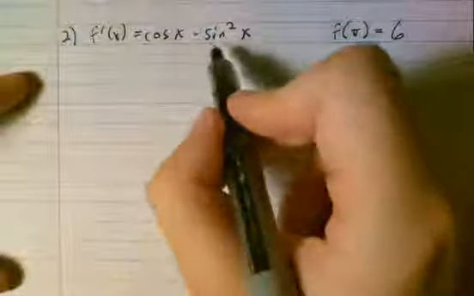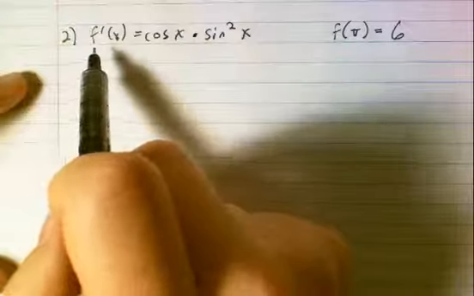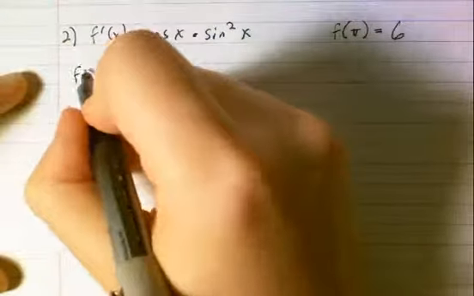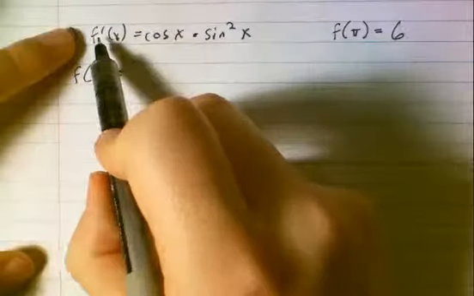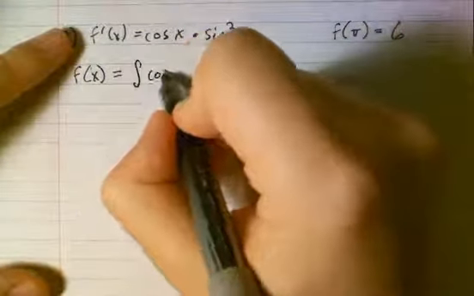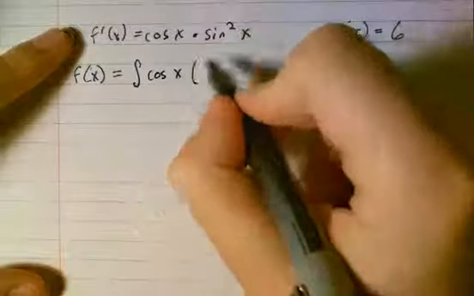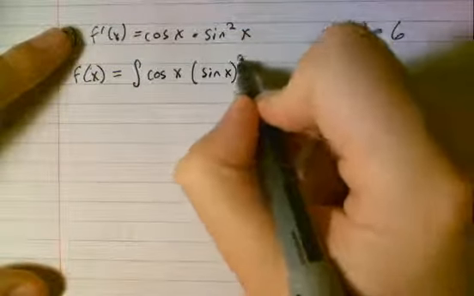First thing we're going to do with this one is make sure that we rewrite this sine squared x. So just like we did up in the first problem, we know that f of x is going to be the antiderivative of f prime. So the antiderivative of the cosine of x, sine squared x is the same as sine of x, quantity squared.